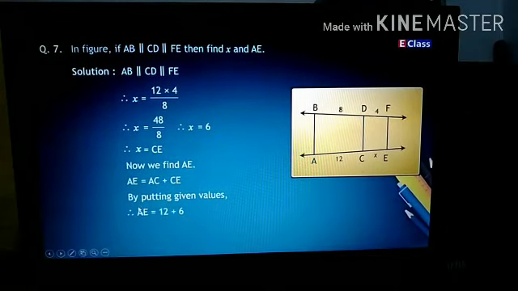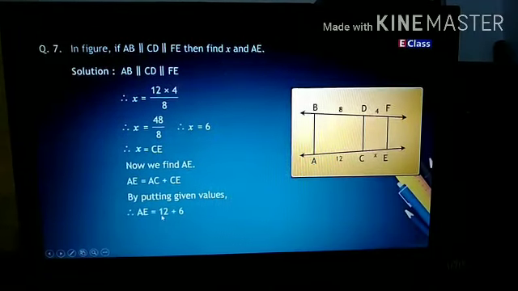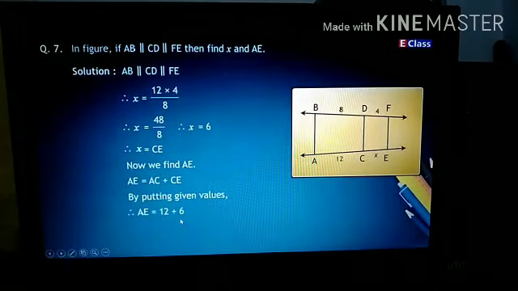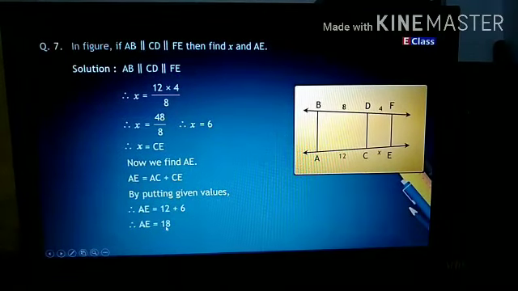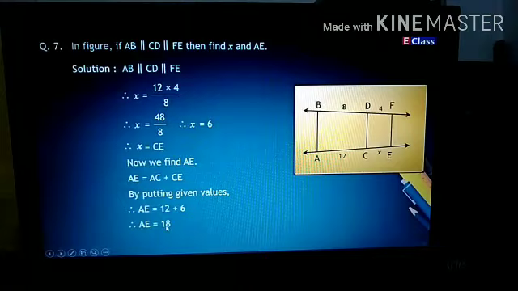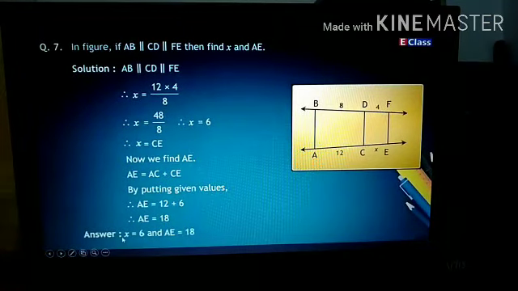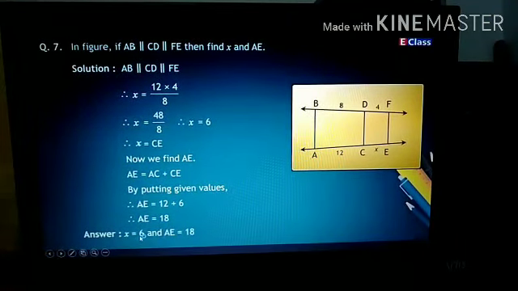Substitute the values. Here AC is 12 and CE is 6. So children, 12 plus 6 is 18. So the value of AE is 18. Final answer: x is 6 and AE is 18.